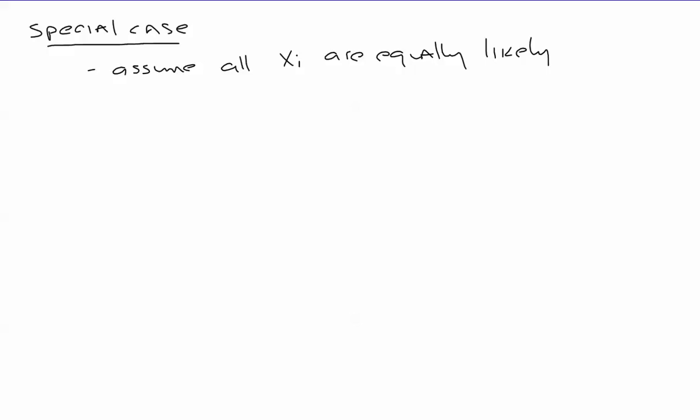That's a limited special case, but it'll yield an interesting result. If that's the case, then the probability that x equals x sub i equals 1 over n. And of course we're assuming here that there are n values of my discrete random variable x. So if each value is equally likely, then the probability is simply 1 over n.